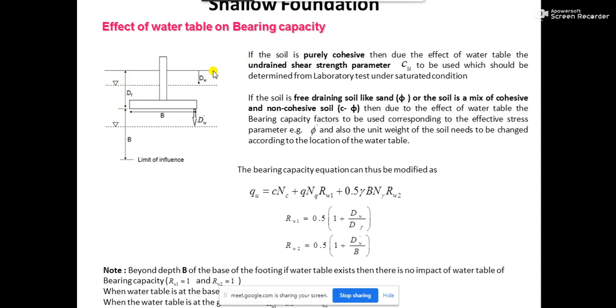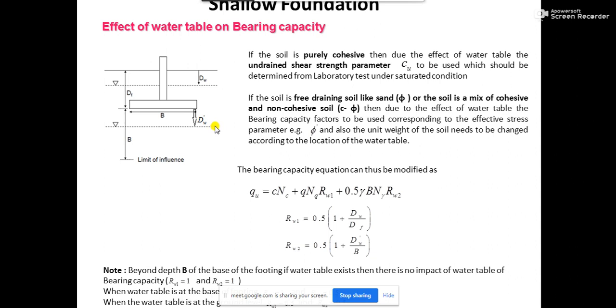So 2 meter below the ground level means it will cross the depth of the footing and come somewhere here. Now you should be very, very careful in understanding this point. The problem says the water table is at a depth of 2 meter below the ground level, so from the ground level to here the distance is 2 meter.